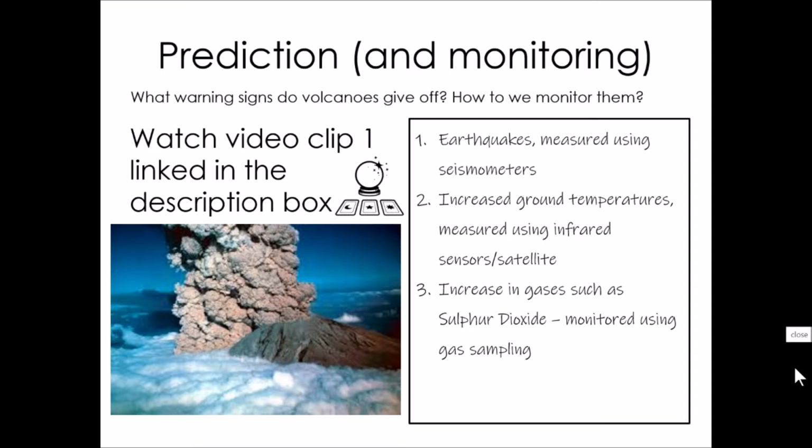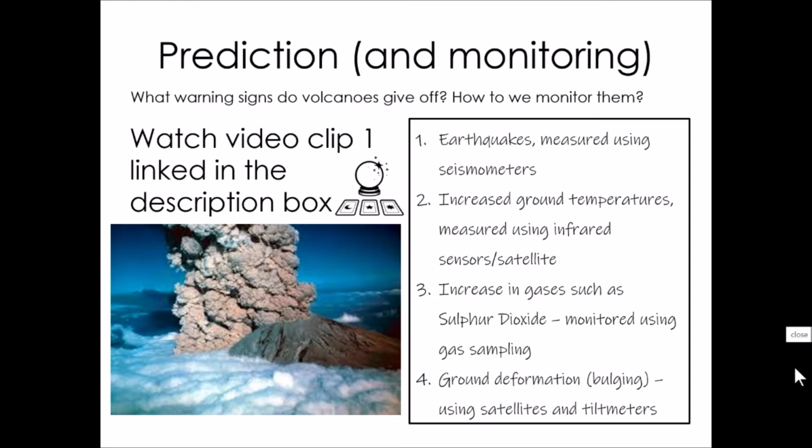But these measurements obviously don't just rely on people's noses. There'll be people taking gas samples from the fumaroles around the volcano before it does erupt, and often constantly measuring those. So any kind of increase in normal levels is going to suggest an eruption is imminent.